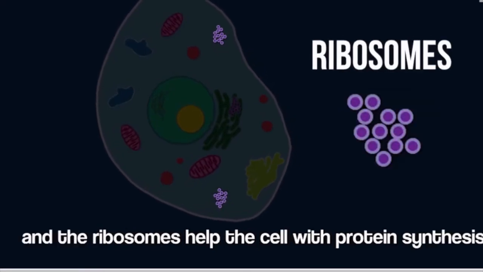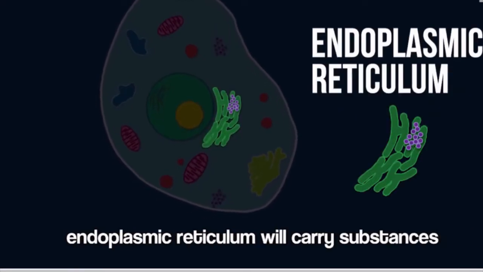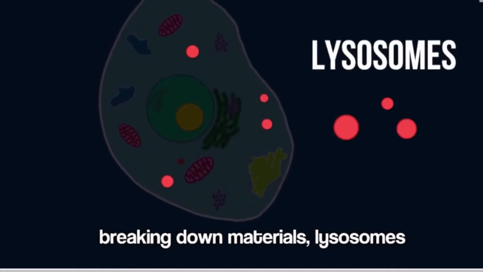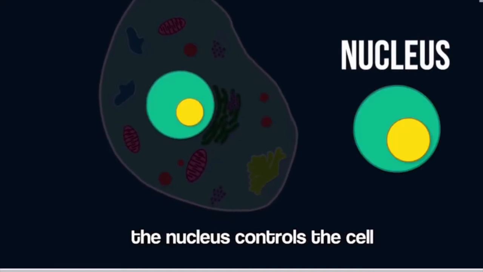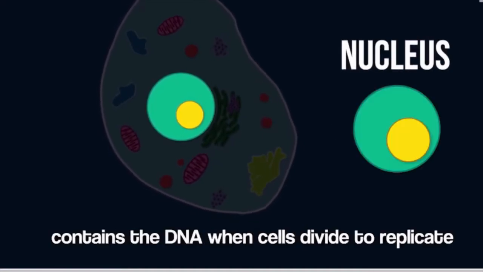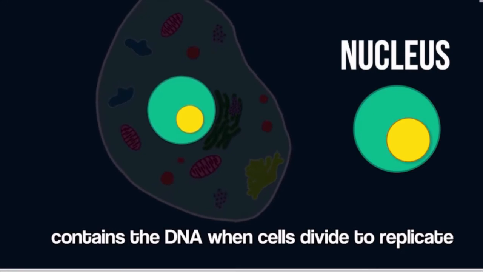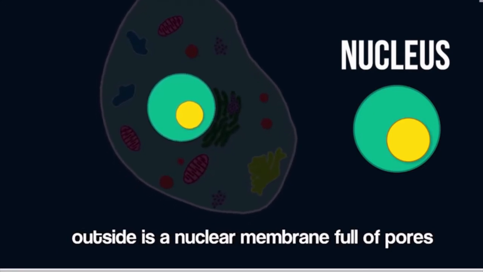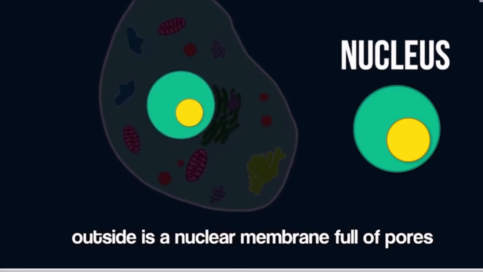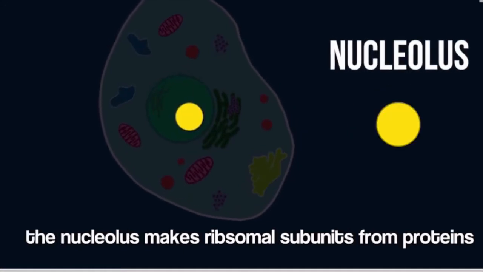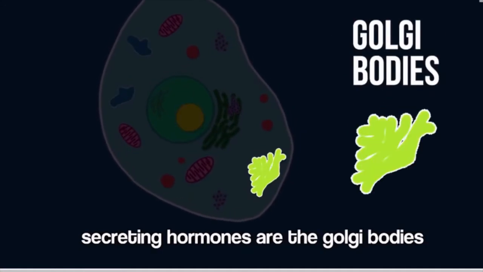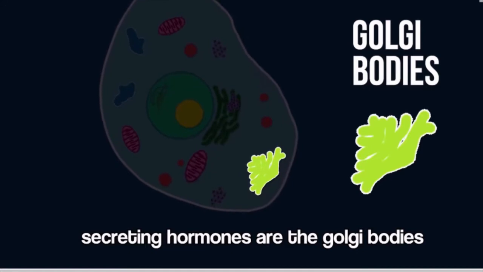In the ribosomes of the cell with protein synthesis, endoplasmic reticulum will carry substances, breaking down materials, lysosomes. The nucleus controls the cell, kinda like a brain, contains the DNA when cells divide to replicate. Outside the nuclear membrane full of pores. The nucleus makes ribosomes some units from proteins, secreting hormones are the Golgi bodies.